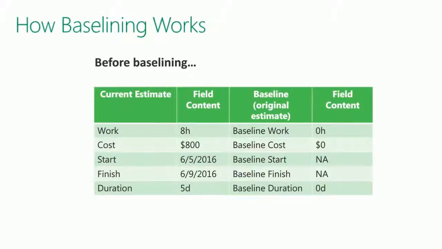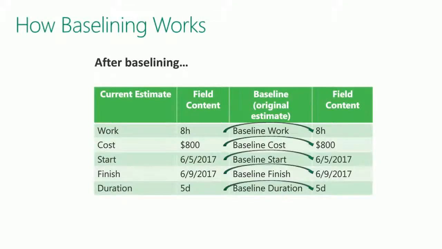So when we baseline, we in fact copy the current estimates into the original estimate. And Microsoft Project will leave them alone unless you tell the scheduling engine to change it. So now we have the basis of variance analysis. Is the current plan, the current estimates, varying from the original plan? And the way we get to measure that is by actually taking a baseline.